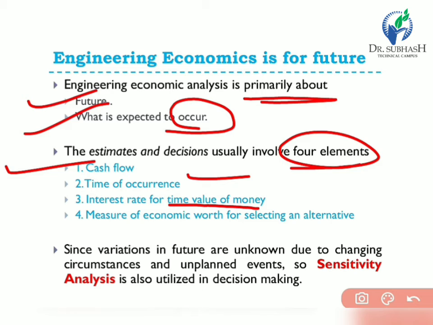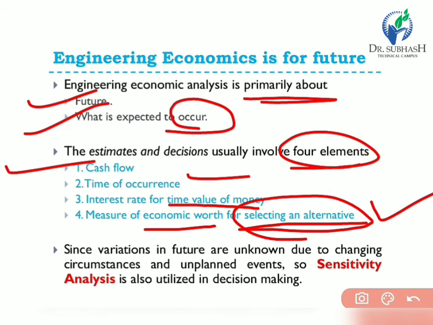It means how much interest we get in the near future and after the long future. Fourth one is measure of economic worth for selecting alternatives. If we have money, then we have a choice to invest in either project 1 or project 2. It is known as selecting alternatives.